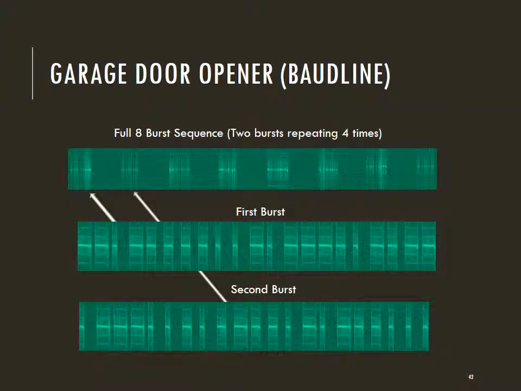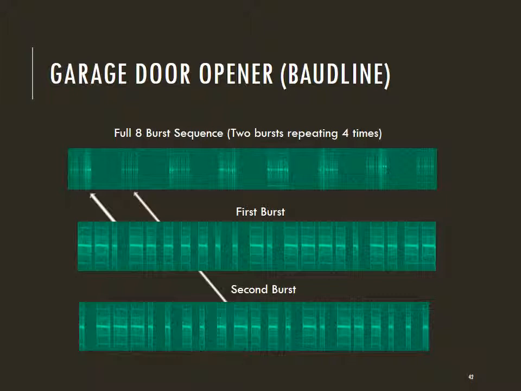Here you can see our garage door opener captured signal in Baudline. The first screenshot is the full 8 burst sequence, which is actually 2 bursts repeating 4 times. Again, this is probably to deal with interference and prevent a user from having to repeatedly click their garage door opener.